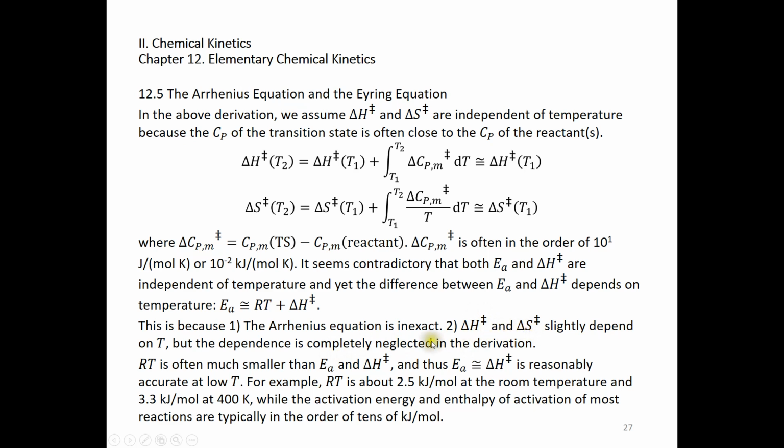Now, even if we have this equation, sometimes we say delta H of activation is roughly the activation energy. Why is that? Because RT is often much smaller than the activation energy and also much smaller than enthalpy of activation. So we can also approximately say the activation energy equals the enthalpy of activation. It's reasonably accurate at low temperature. For example, RT is only 2.5 kJ per mole at room temperature.